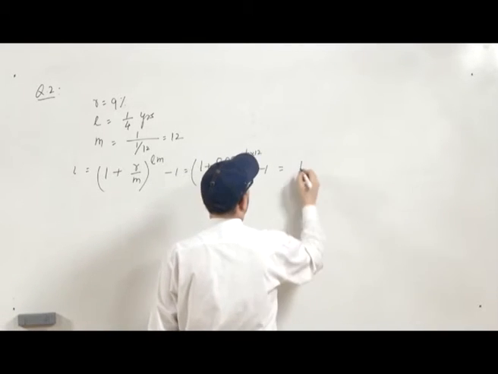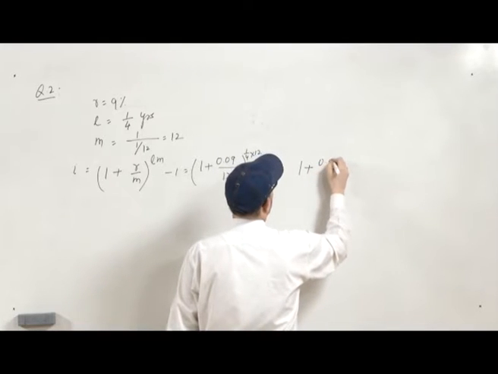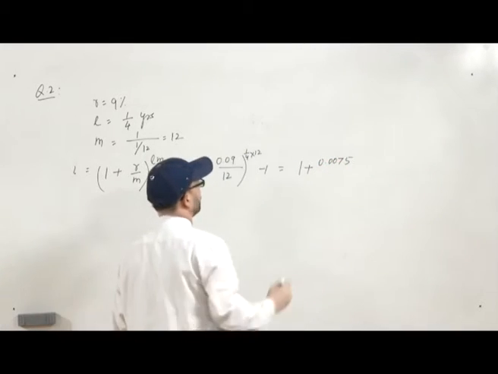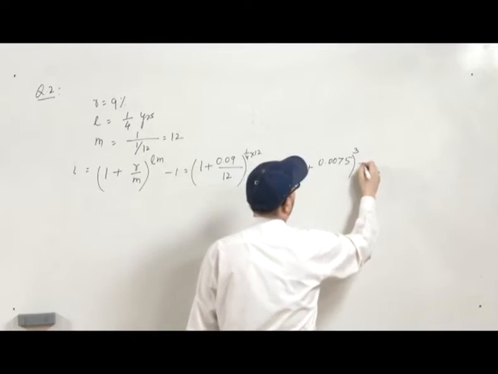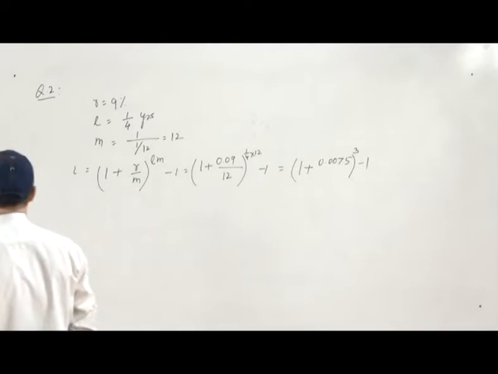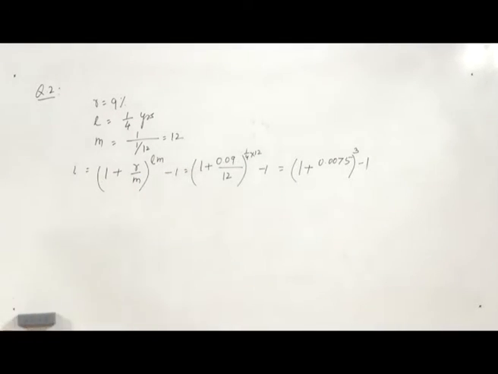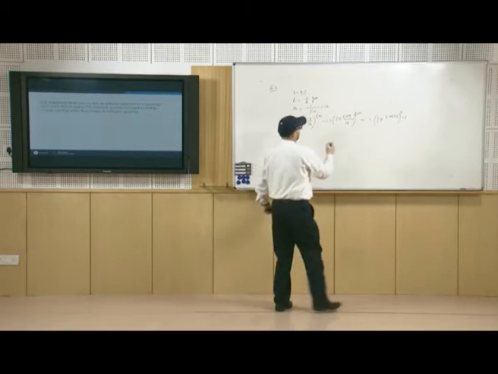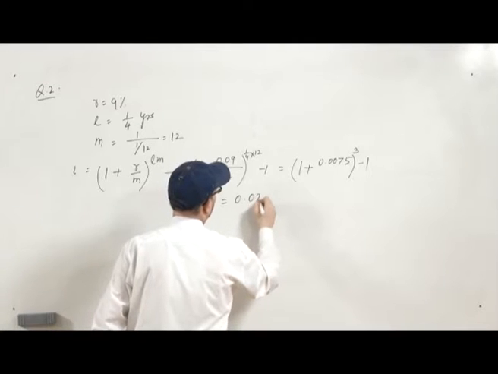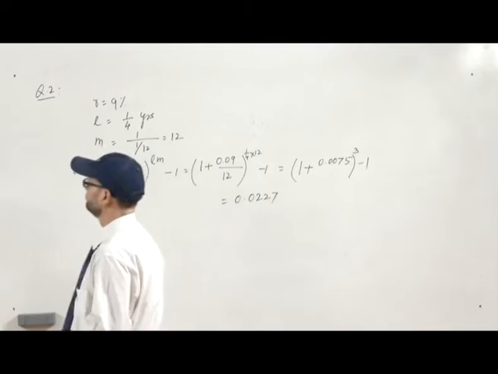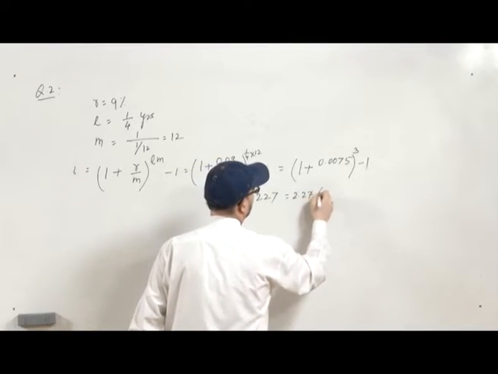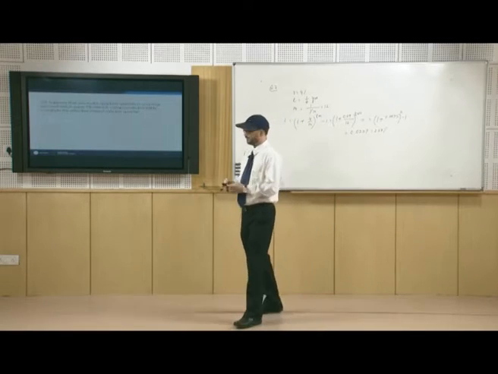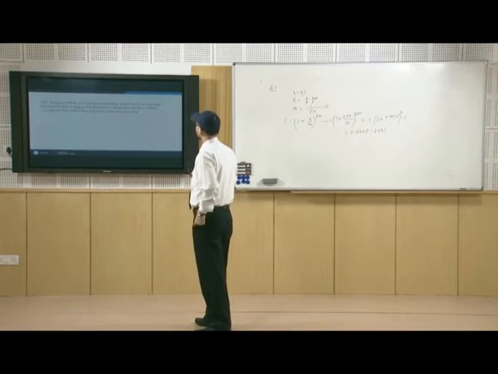So, (1 plus 0.0075) raised to the power 3 minus 1, and that comes out to be 0.0227. So, this is coming out to be 2.27%. So, what we see is this is for a 9% interest per quarter.